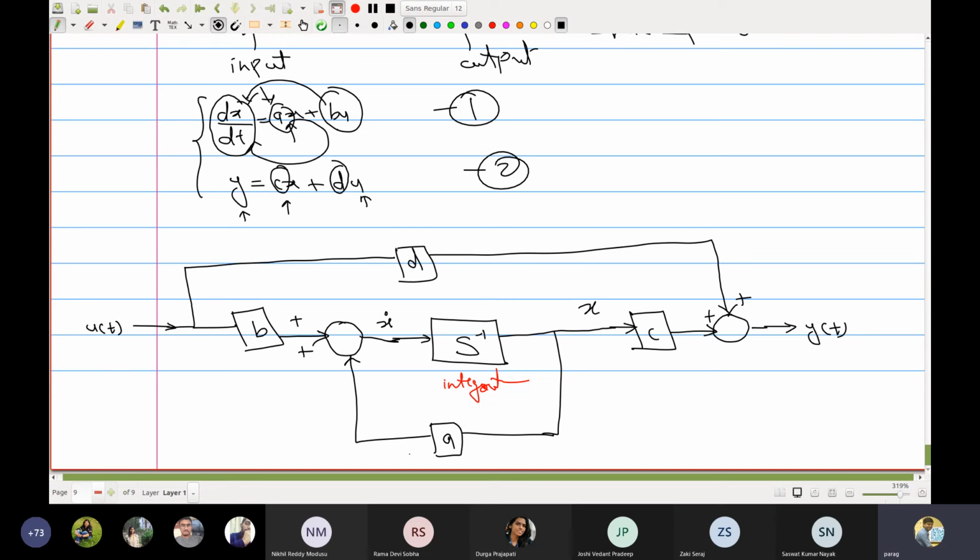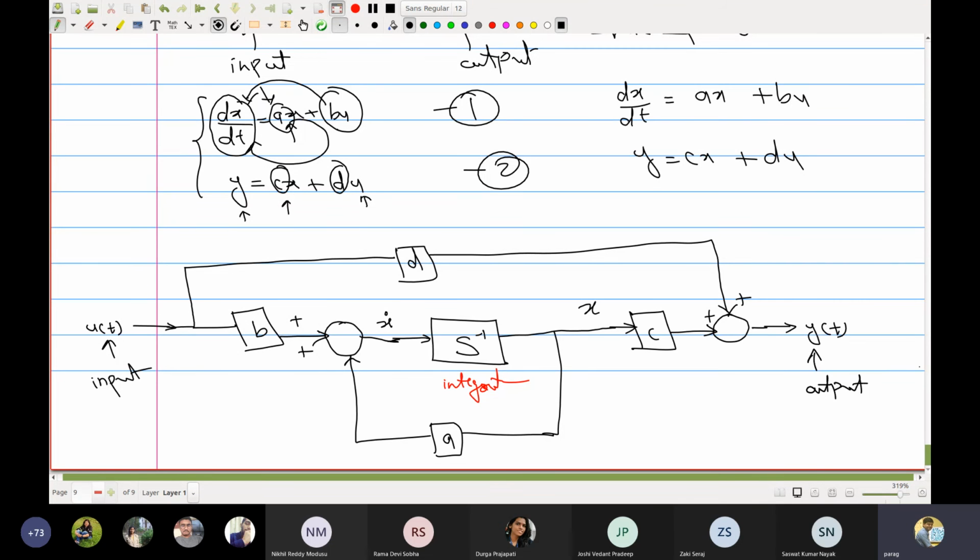We will go through this entire block diagram completely, but let's first try to understand how we did it in a stepwise manner. dx by dt equals ax plus bu and y equals cx plus du, right? So the first part, we are making an input output model. This is the input, and this is the output.